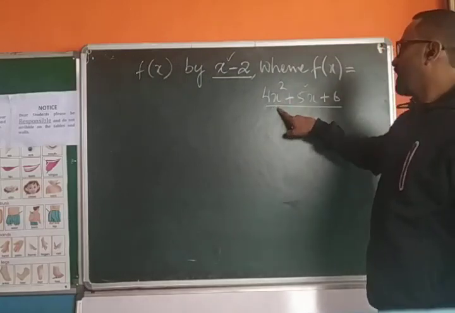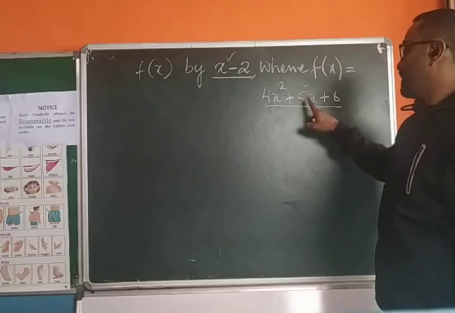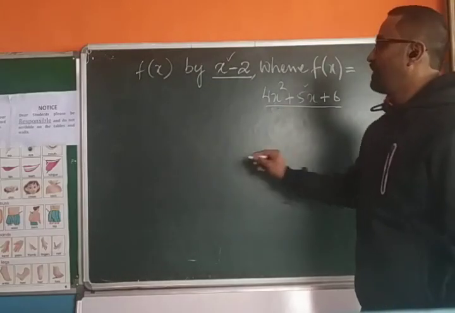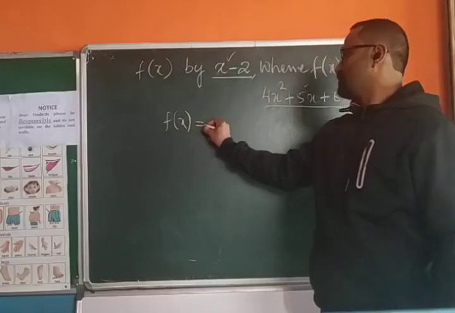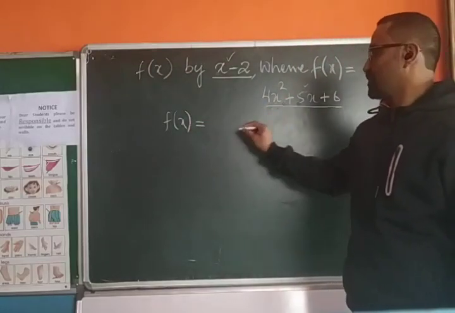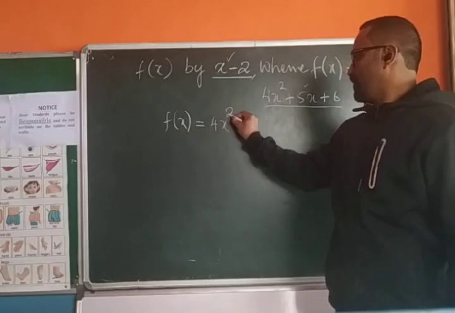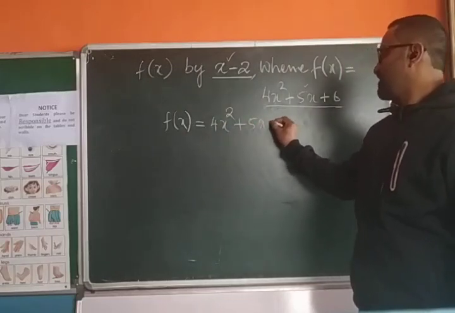First, longest equation is 4x squared plus 5x plus 6. So we assume it as fx equal to, copy the long equation, 4x squared plus 5x plus 6.